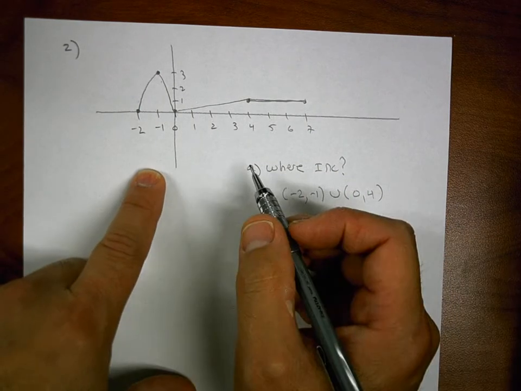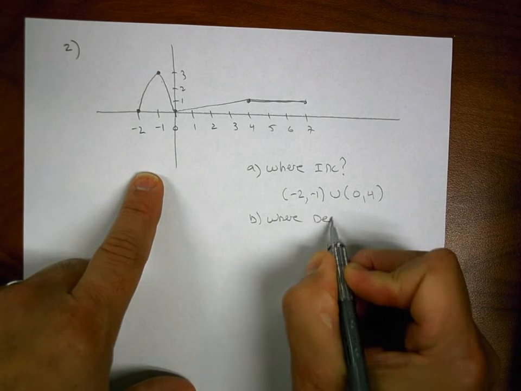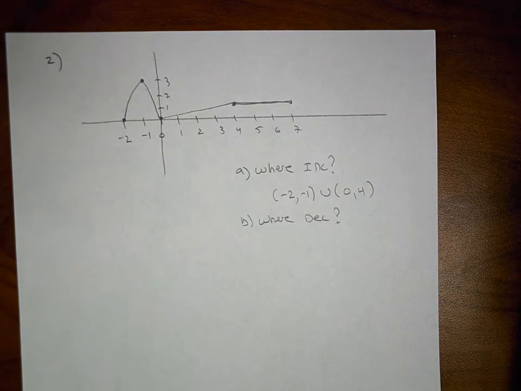All right, so B, where is it decreasing? So describe where it's decreasing.